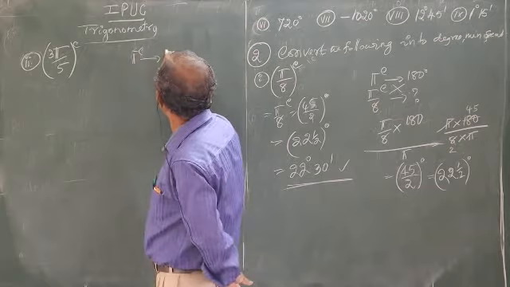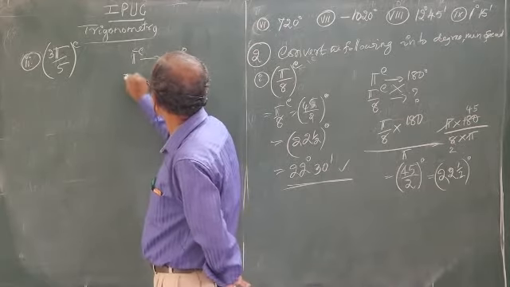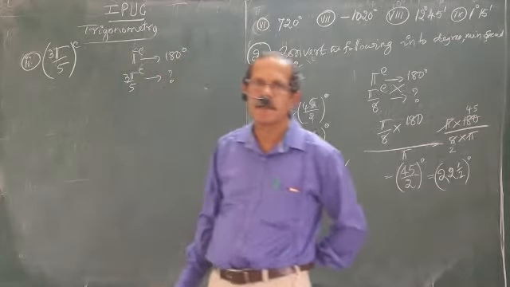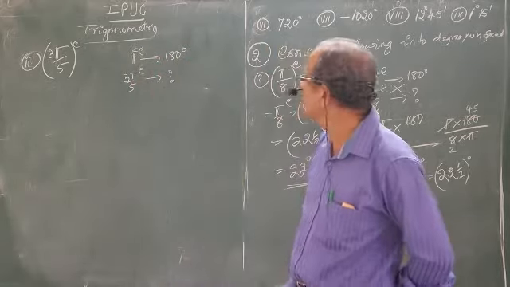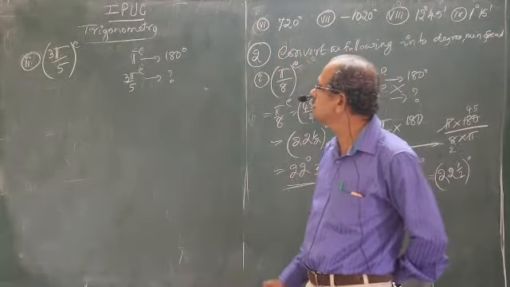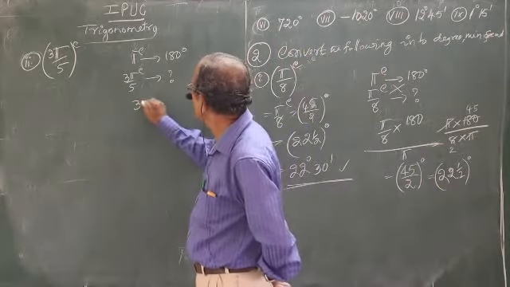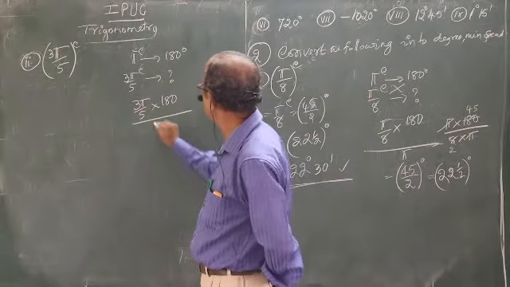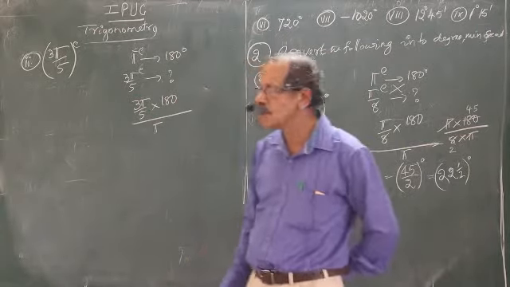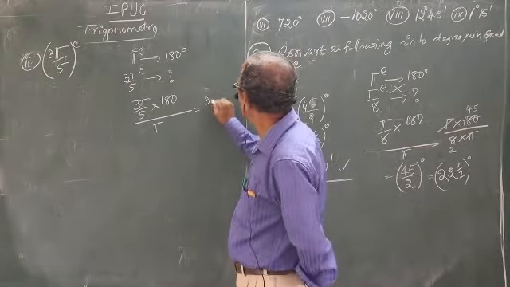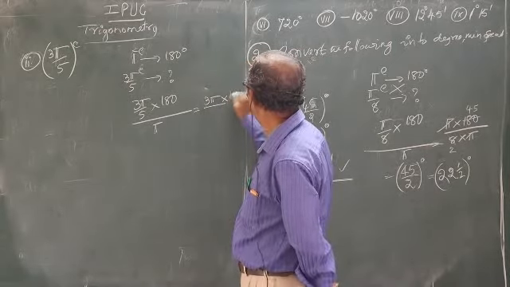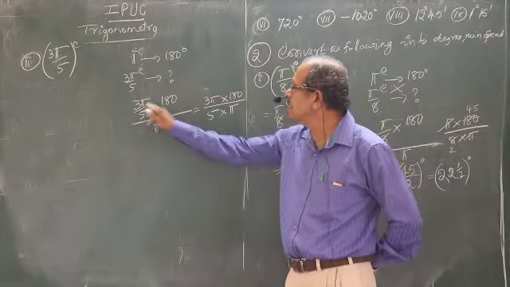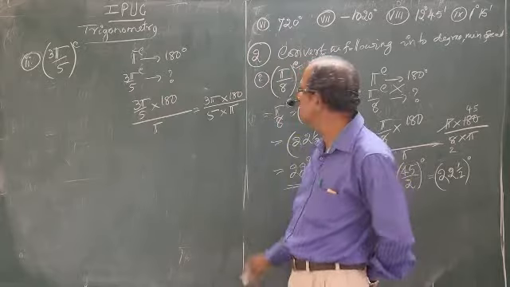Pi radian 180 degree. 3 pi by 5 radian, how much? Cross multiplication, 3 pi by 5 into 180 divided by pi, or 3 pi by 5 pi. 3 pi numerator, 5 in the denominator.